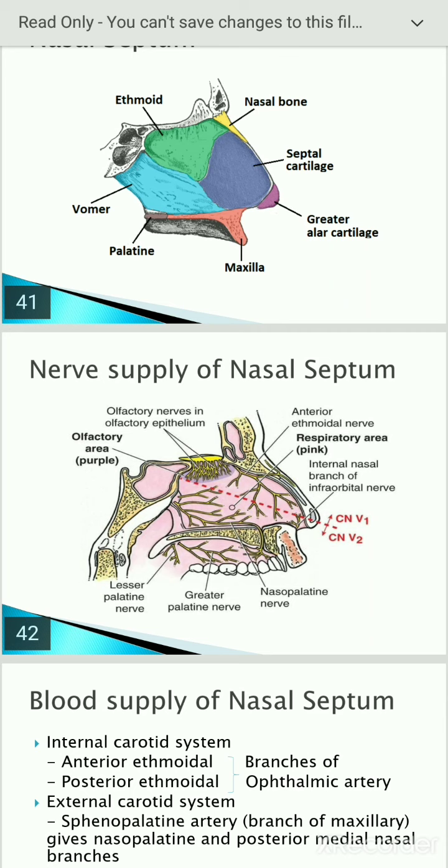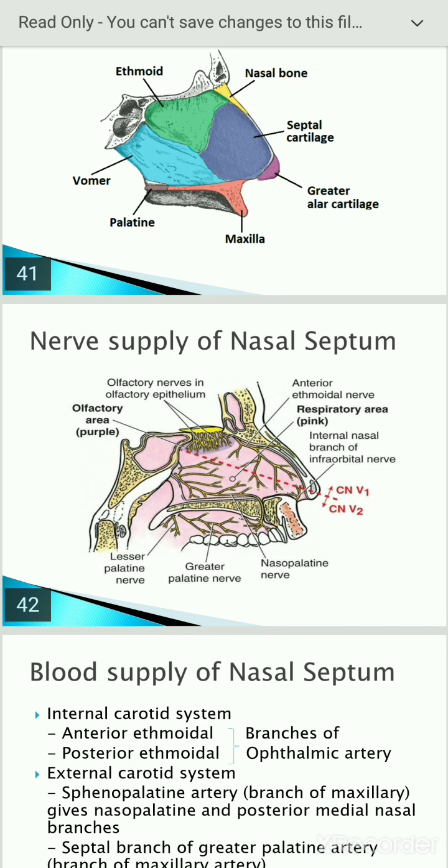This figure shows the nerve supply of the nasal septum. Superiorly, we see olfactory nerves in the olfactory epithelium. It is in the roof of the nose. The anterior ethmoid nerve supplies the superior part of the septum. We also get the internal nasal branch of the infraorbital nerve.